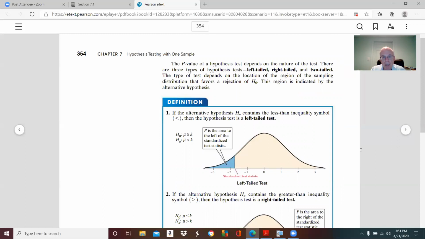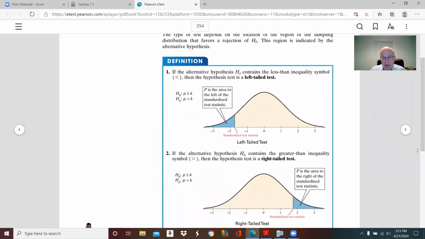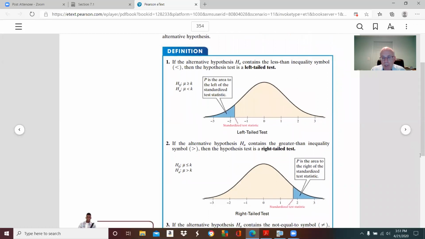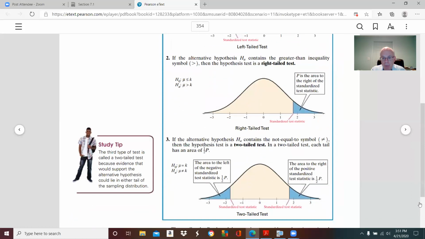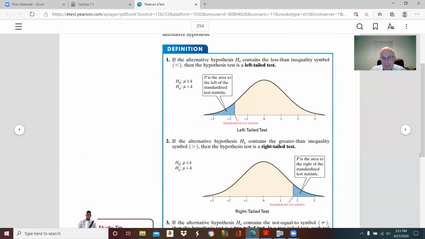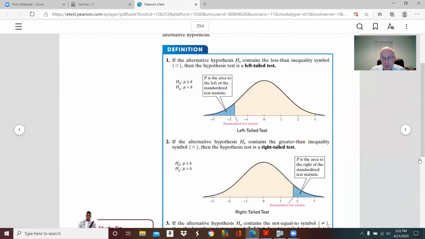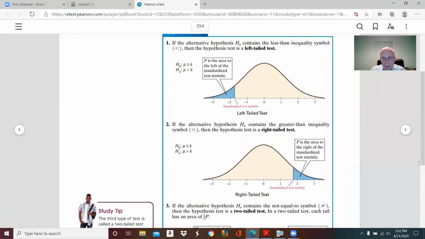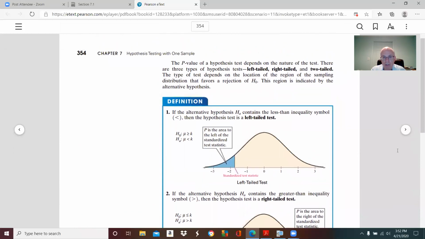Now, in hypothesis testing, there are three types of tests. No matter what population parameter we are testing, whether it's a mean or proportion, we're going to have three possible types of tests. So this is another chart that would be helpful to print and have next to you when you do your homework or take a test.